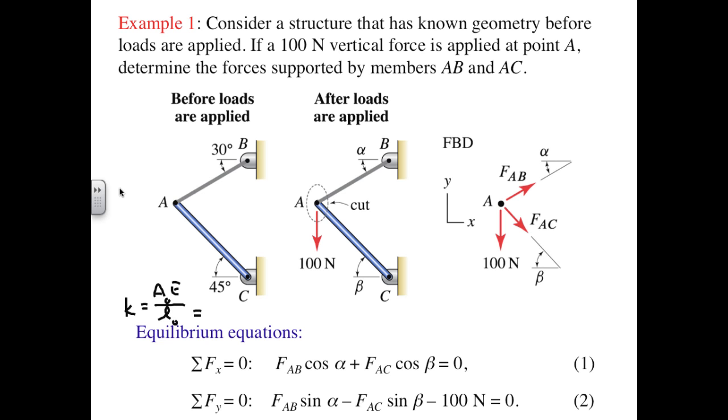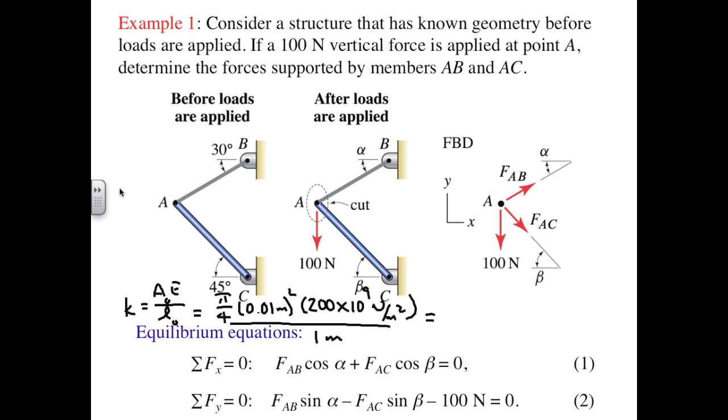And we said we were going to take the steel bar as having a diameter of 1 centimeter, so the cross-sectional area is pi over 4 times 0.01 meters squared. And for a steel, a representative modulus is 200 gigapascals, or 200 times 10 to the 9th newtons per meter squared. And then we're dividing all that by the length, which we said we would take as 1 meter.